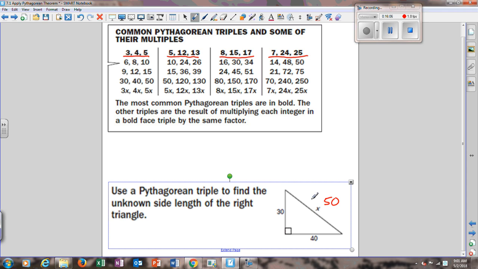Now, if I don't memorize the Pythagorean triples or I don't want to write them down in my notebook, I mean, it doesn't make sense to not write them down, but if you're too lazy to write them down in your notebook, then you can still use the Pythagorean theorem. 30 squared plus 40 squared equals x squared. It's going to give you 900 plus 1,600 equals x squared.